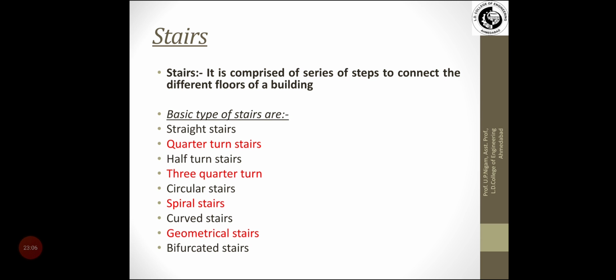Now one of the more important building components is stairs, which is used to lift anybody from one floor to another floor. So stairs are comprised of a series of steps connected to the different floors of a building. Riser and tread are provided in the stairs. Alright, so basic stairs are straight, quarter turn, half turn, three-quarter turn, circular, spiral, curved, geometrical, bifurcated stairs.